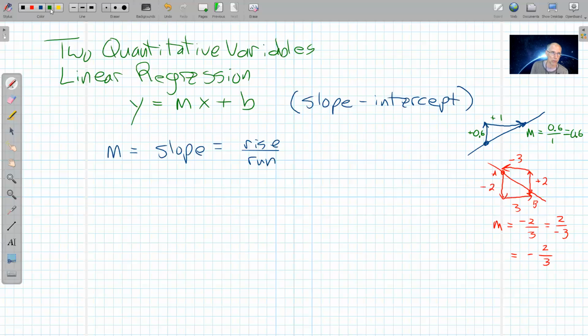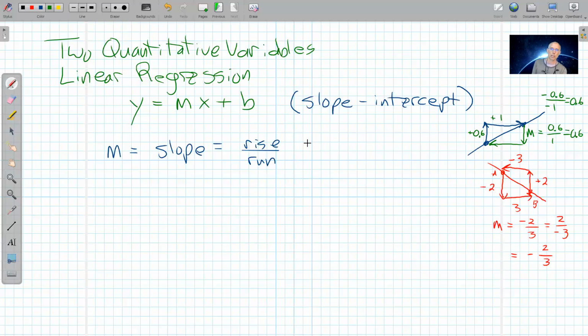And we could go the other way. From this point, I could go down, drop, and then left. So a positive slope could be viewed as a negative over a negative. It would be a drop of negative 0.6 followed by going left, negative 1. Negative divided by a negative is still a positive 0.6.